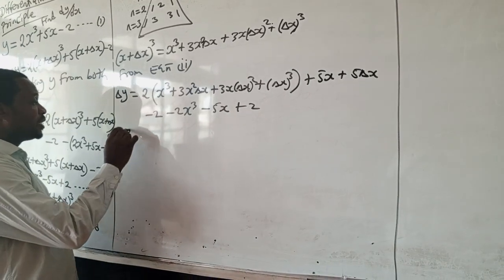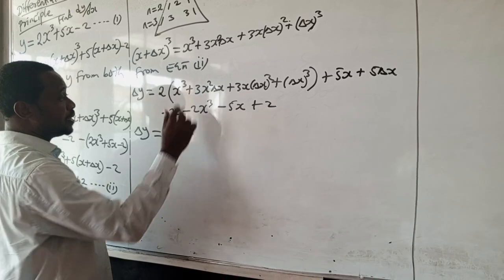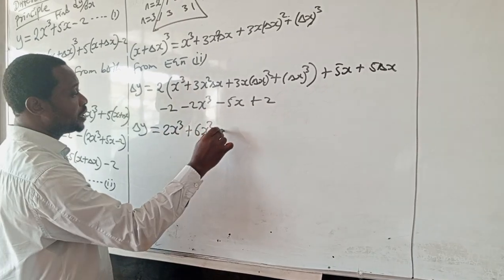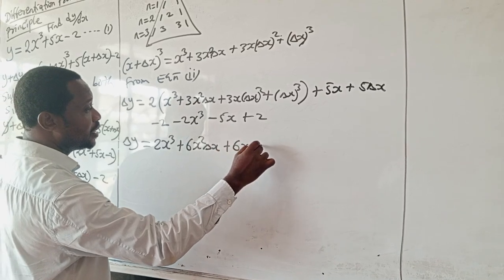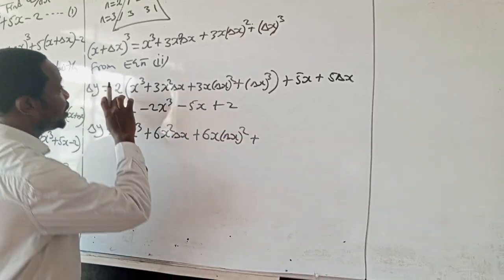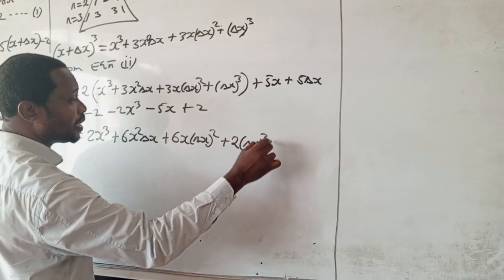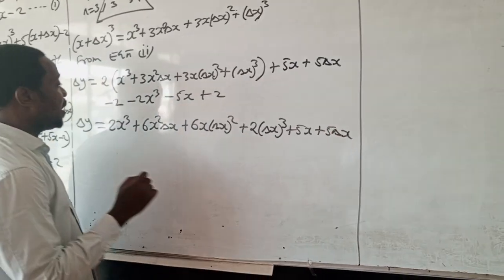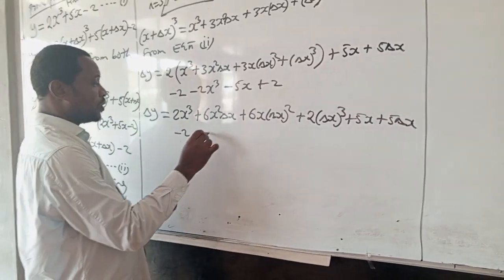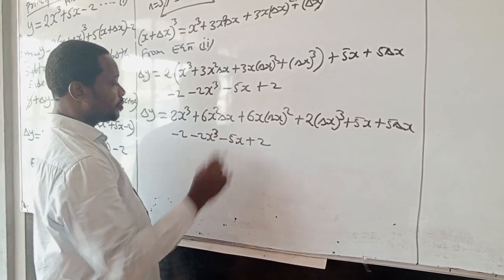So you have that change in y will give you, this time this is 2s to the power 3, 2 times this is 6s squared changing s. This time this is 6s changing s raised to the power 2. Then this time this will give us 2 into changing s raised to the power 3. Then plus 5s plus 5 changing s. Then we have minus 2s raised to the power 3 minus 5s plus 2.